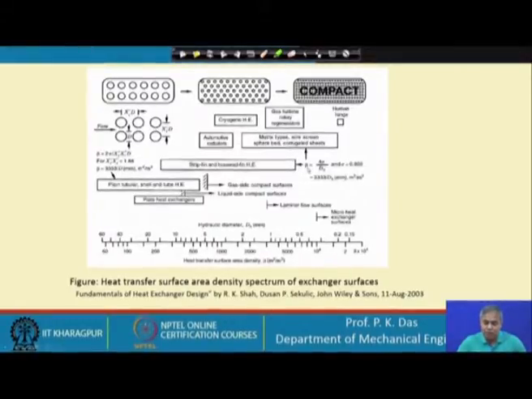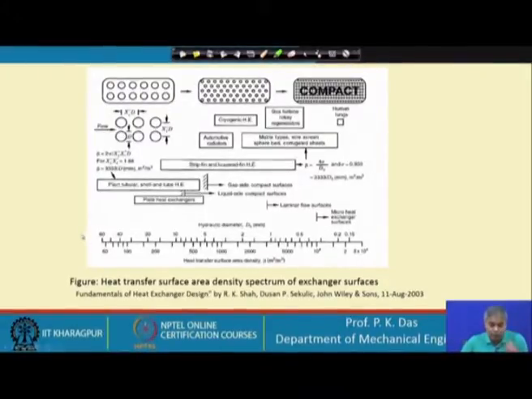Then, how the compactness and hydraulic diameter are related: beta is equal to 3333 by dH. This is in meter square per meter cube. So, this value has been given. Quite a few other things are there in this figure. Let us spend some more time.